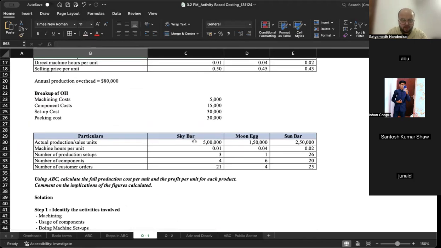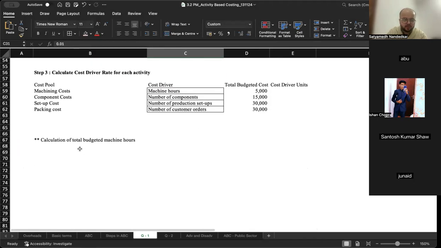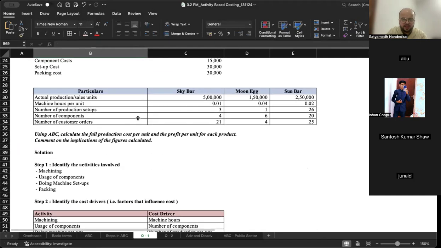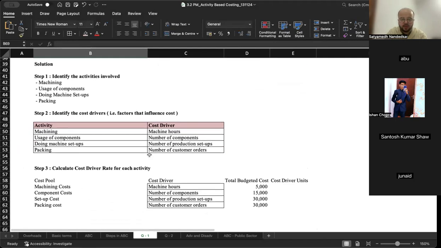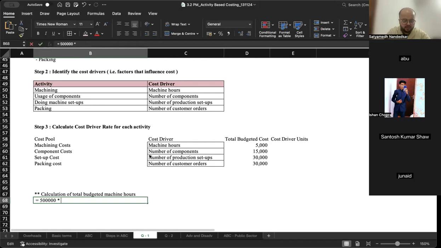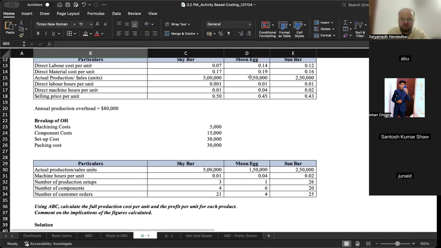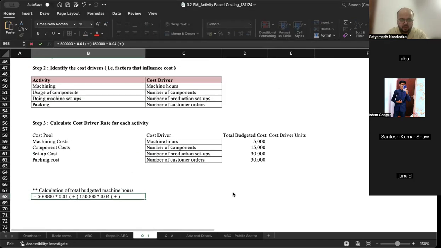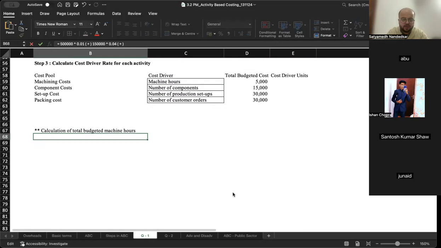I have units, machine hours per unit. So 5 lakh units into 0.01. Then 1,50,000 units into 0.04, and the last one is 2,50,000 into 0.02.